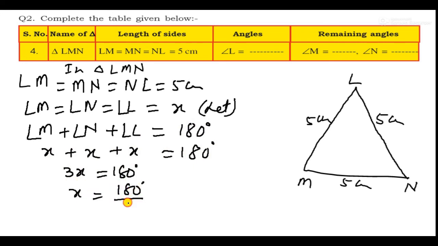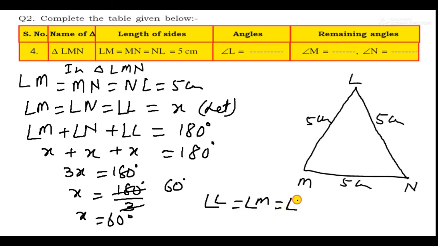So x is equal to 180 degrees divided by 3. 3 sixes are 18 and 18 minus 18 is 0. So x will be equal to 60 degrees. That means angle L is equal to angle M is equal to angle N is equal to 60 degrees. So you can write here all the angles are 60 degrees.